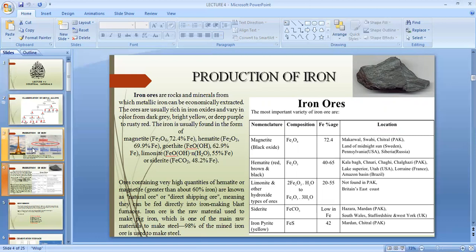The iron is usually found in the form of magnetite and hematite. Magnetite has the color of black oxide, and hematite is red, brown, and black oxide. And then limonite, siderite, and iron pyrite in the form of yellow colors. These iron ores are present in different locations, which are also given in the form of a table here.